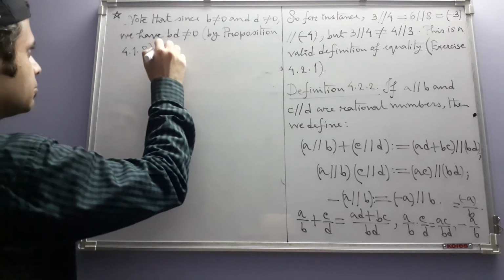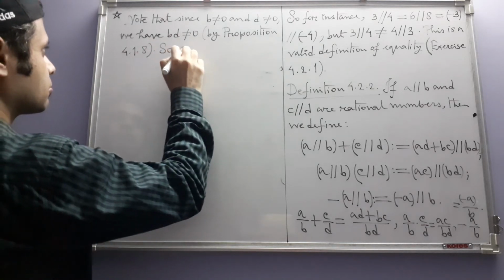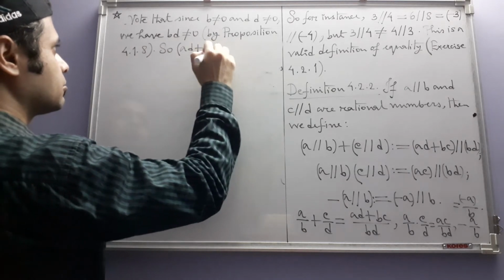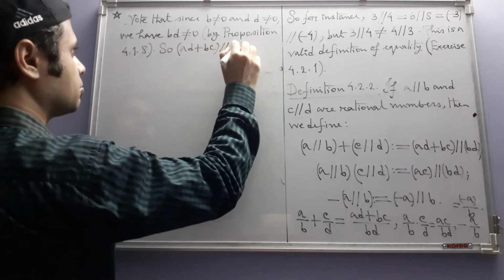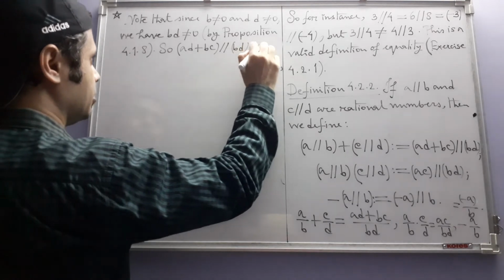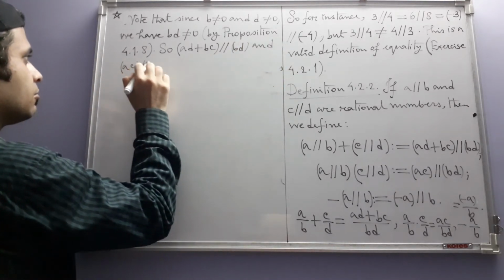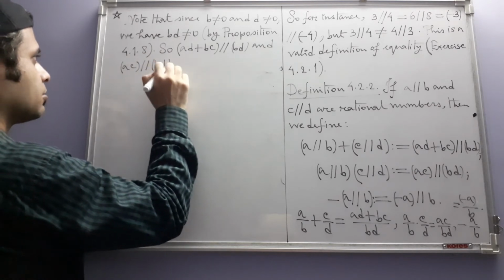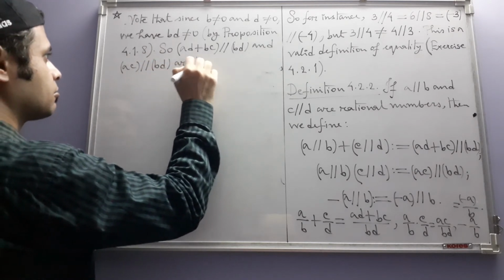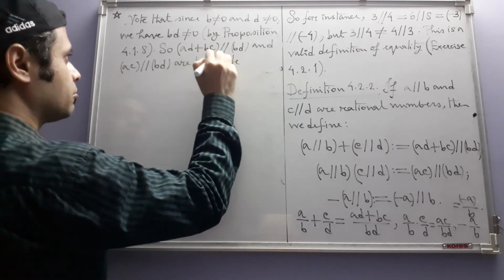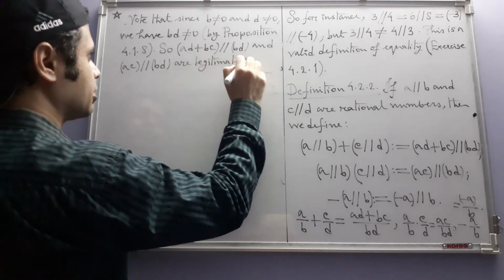So AD plus BC by BD and AC by BD are legitimate rational numbers.